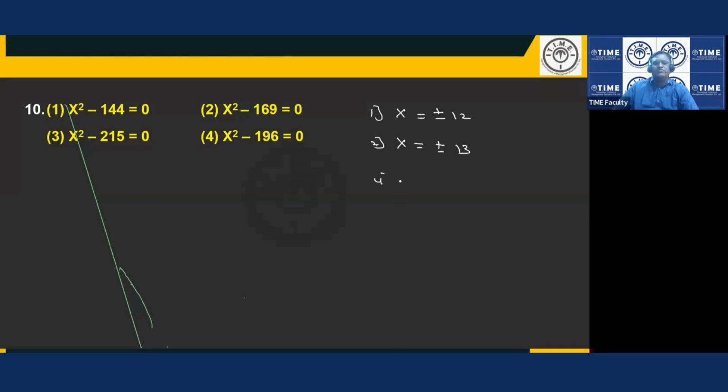Option number 4, if you solve, x is equal to plus or minus 14. But in option number 3, we never get a perfect x value. So, except in option number 3, all other equations produce an integer x value. Except in option number 3.